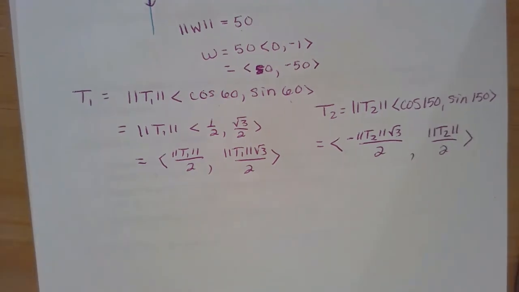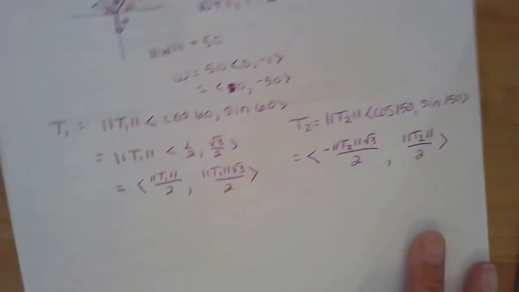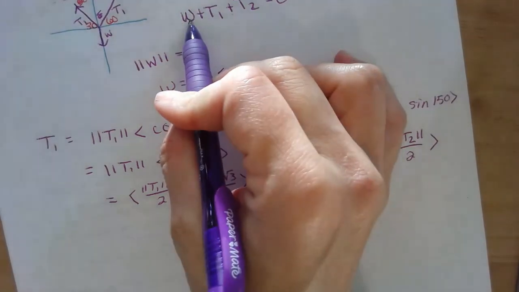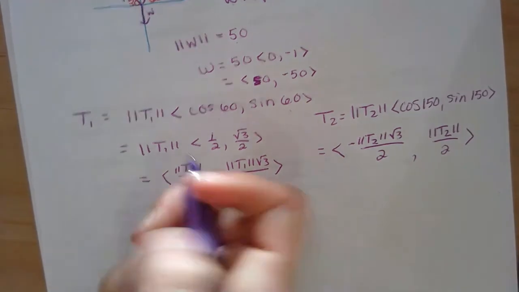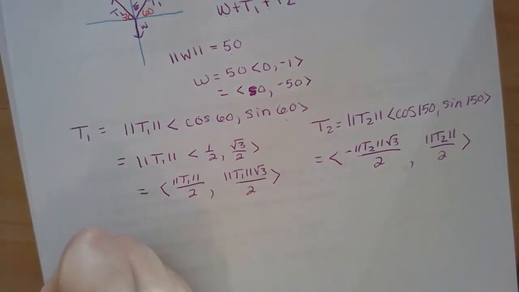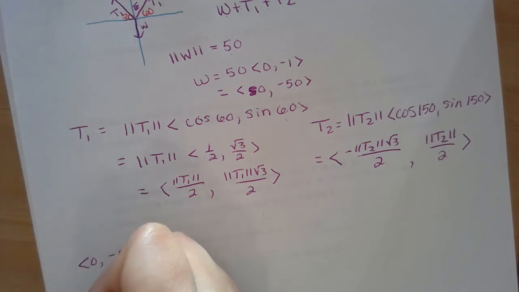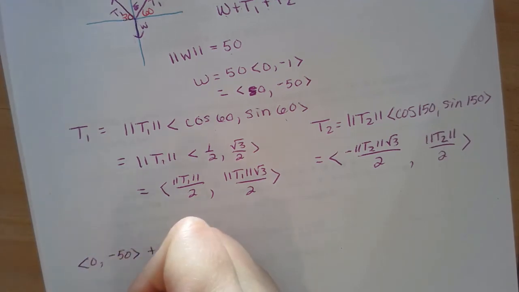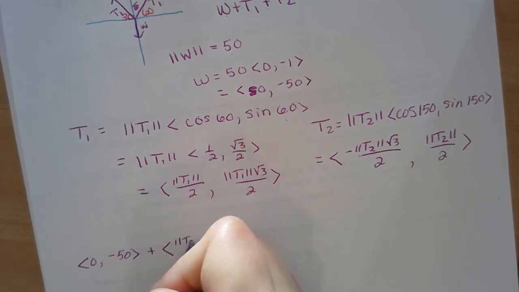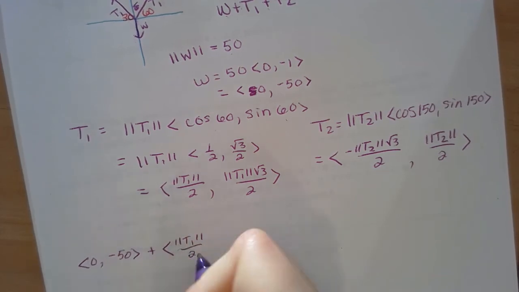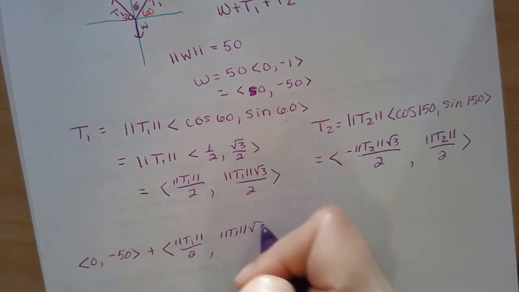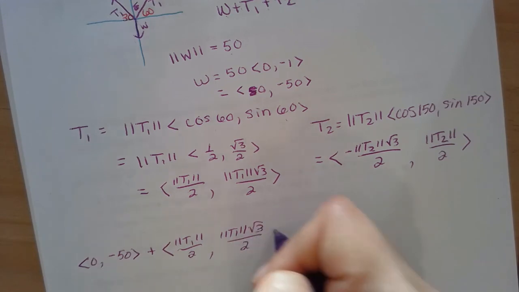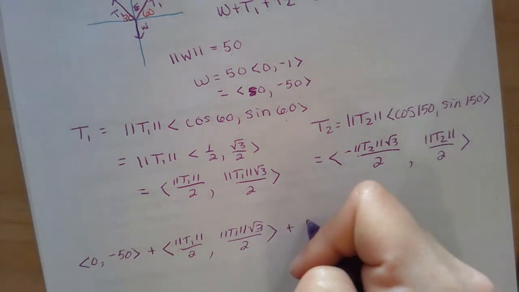Okay, so now we have everything in vector form. So we can go back to our W plus tension 1 plus tension 2 equals 0. Okay, so let me write that out. We get our 0, comma, negative 50, plus T1 over 2, comma, T1 square root of 3 over 2, plus, so much writing, guys, right?